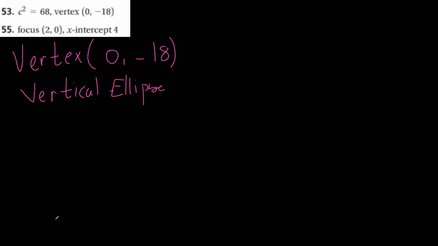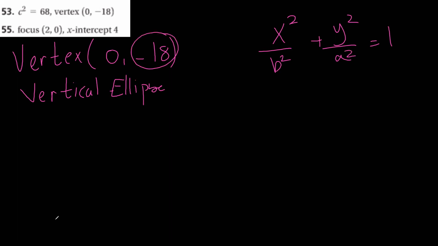So it has to be a vertical ellipse. Its equation is y squared over a squared plus x squared over b squared equals 1. I have now a, which is 18.